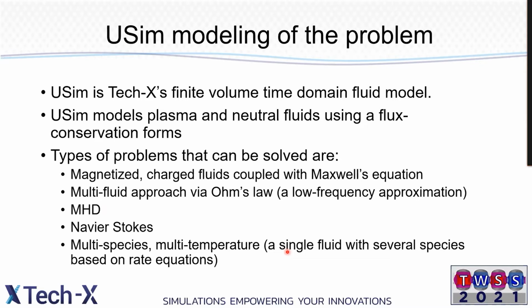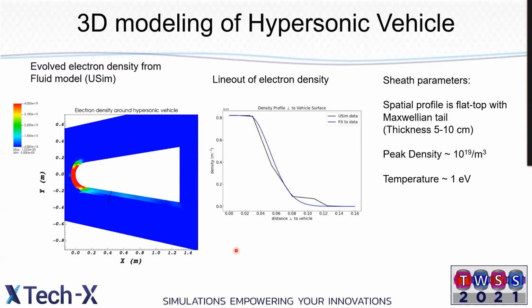That is, the total density is evolved, the total pressure, but then there could be components to that fluid, which we call a multi-species single fluid model. And that's actually what we used for modeling this hypersonic vehicle problem.